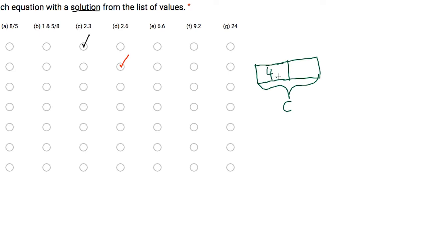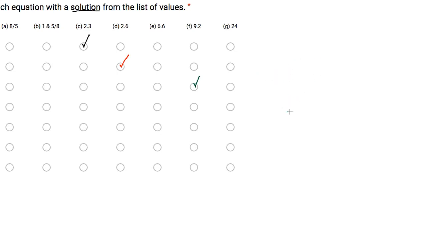So we have 4.6 in this one and 4.6 in this one. So to find our answer here, we can either add 4.6 plus 4.6 or do 4.6 times 2. In either case, we're going to get 9.2, which is F. That gives us our true solution.